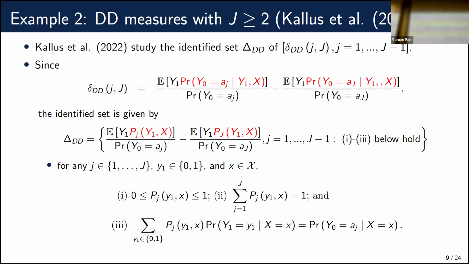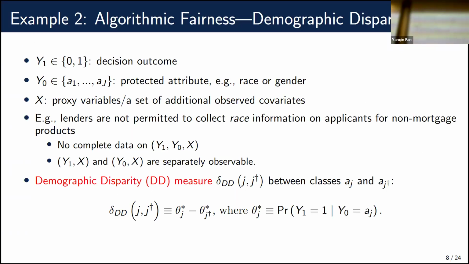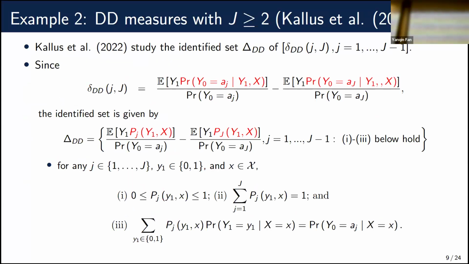Now, of course, if you just look at it, it depends on both Y1 and Y0. So with two separate data sets, this is not point identified. And in fact, Kallus et al. studied this issue from the perspective of data combination. This is one example that motivated our work. So hopefully I'll be able to show you the different approaches that Kallus et al. take and also we take, and you see the advantages of our approach.